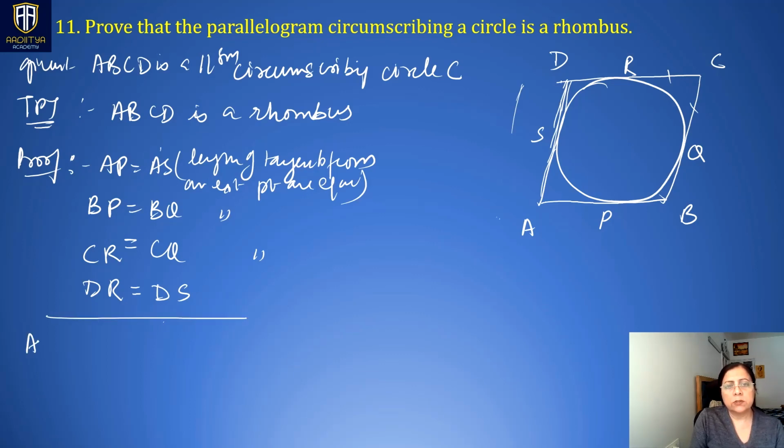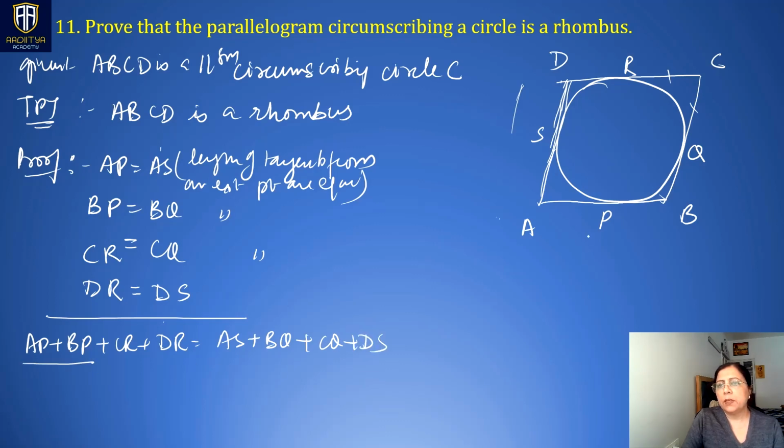Adding these 4 equations, we get AP plus BP plus CR plus DR is equal to AS plus BQ plus CQ plus DS. So what do we get? AP plus BP. AP and BP add up to AB. Then we have CR and DR. They add up to CD.